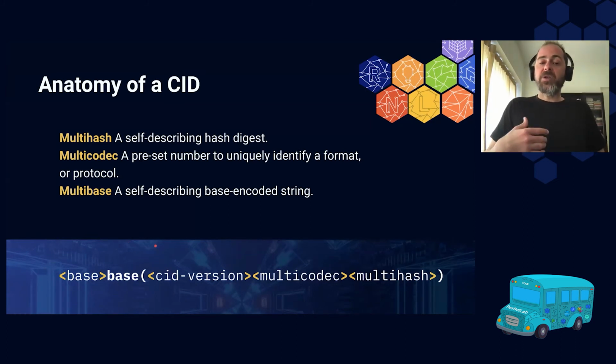The multihash is a self-describing hash digest, which includes the hash that has been applied to the content, together with some other data that we're going to see. The multicodec is a preset number that uniquely identifies a format, a serialization protocol, or some other transmission protocol. And the multibase is the base encoding.